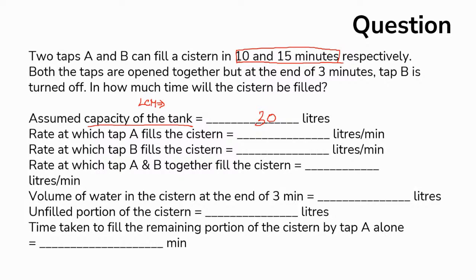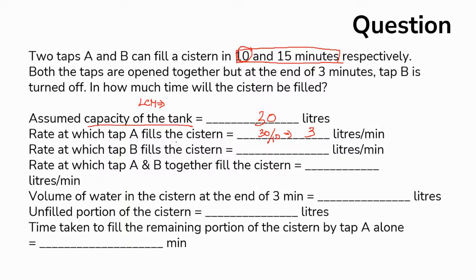So 30 liters is the total capacity of the tank we assume. The rate at which tap A fills the crescent: A pipe fills the crescent in 10 minutes, so it is 30 divided by 10, which gives 3 liters per minute.